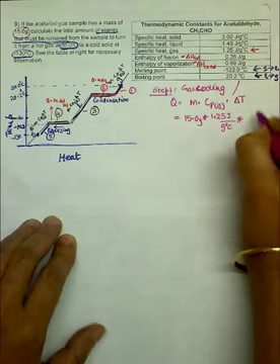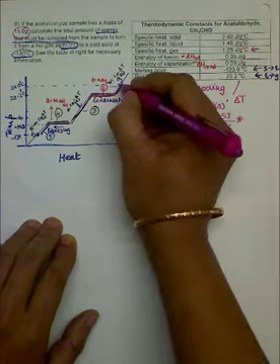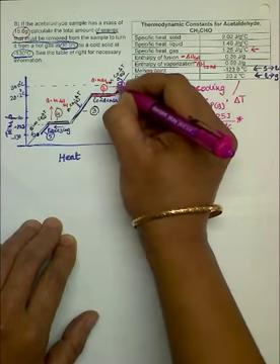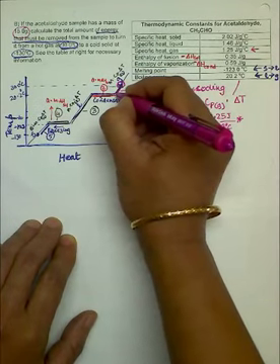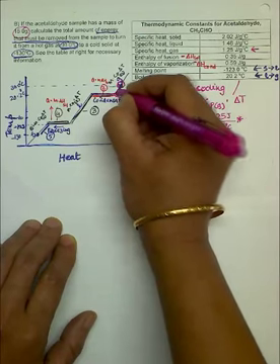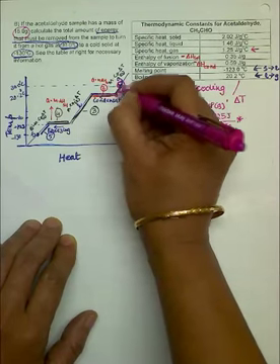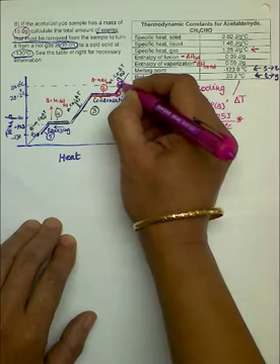Now, we have to look at the temperature change. If you look at the temperature change, the gas was originally at 30. It's at the bottom of that slope, and now it is at 20.2. We are only solving for that change in temperature. The final temperature is 20.2 and the initial temperature is 30.0.